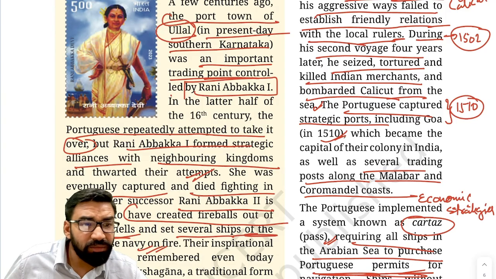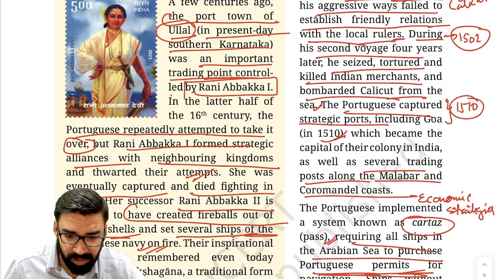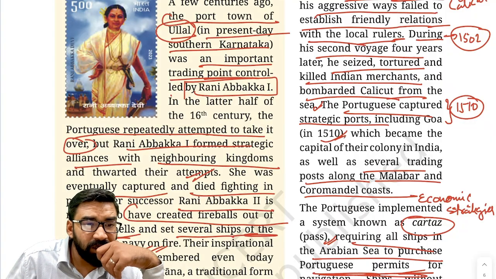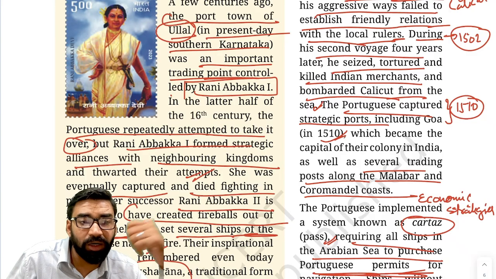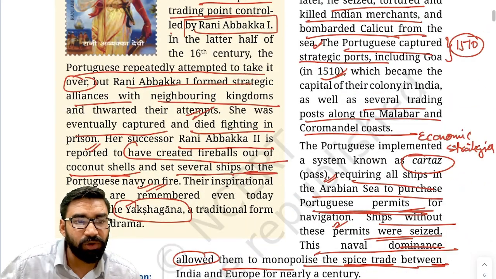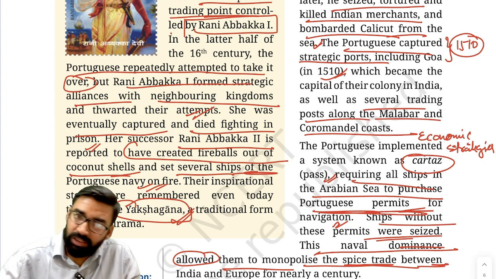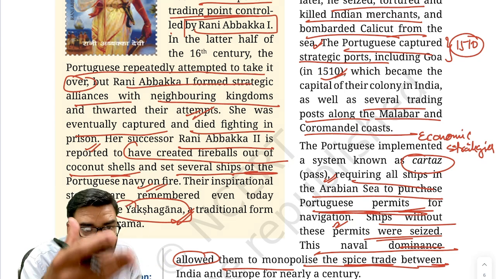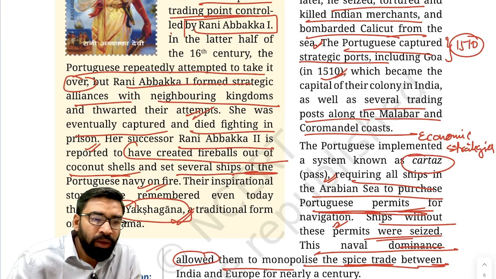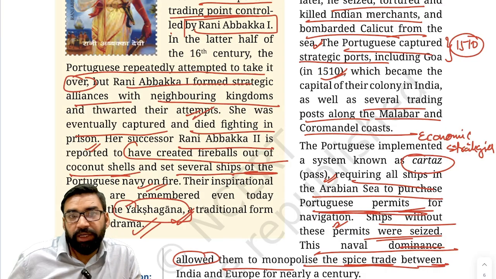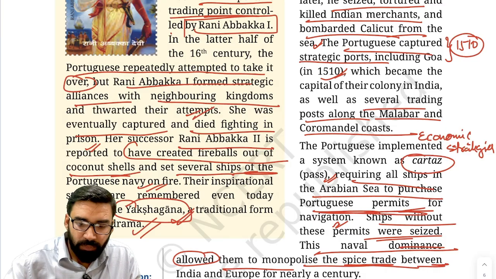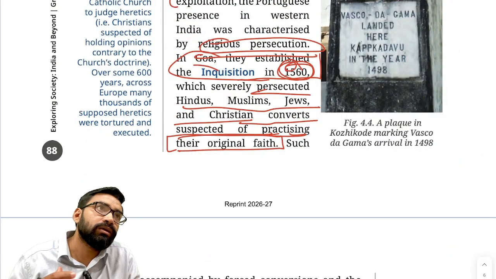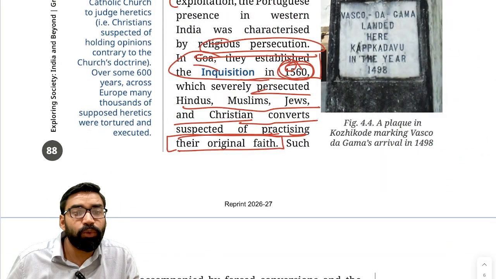These inspirational stories of Rani Abbakka I and II are remembered even in a very important drama from Karnataka called Yakshagana, which is a kind of theater from Karnataka. Fine. Okay.